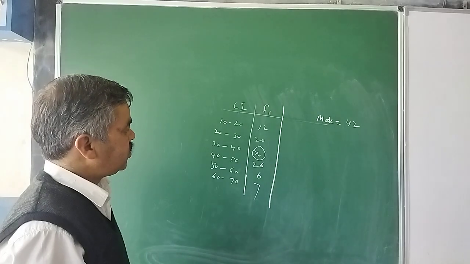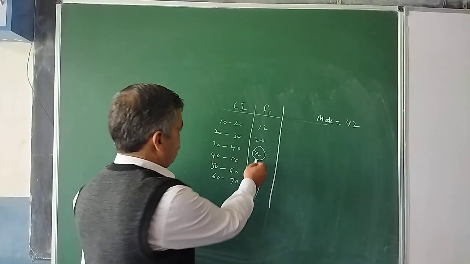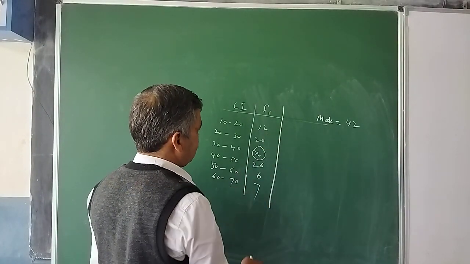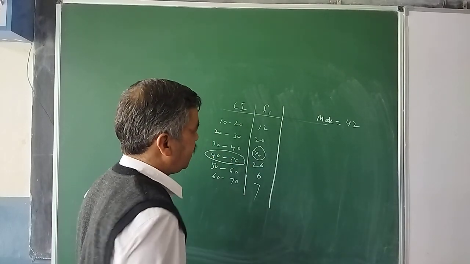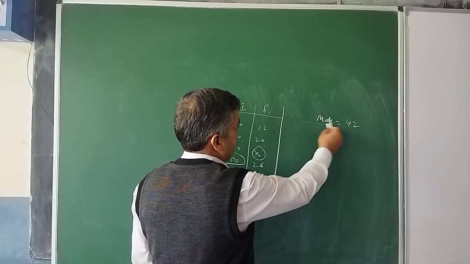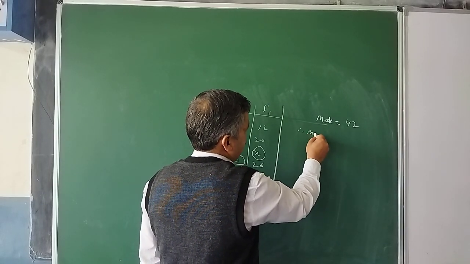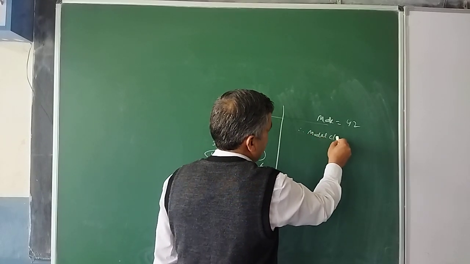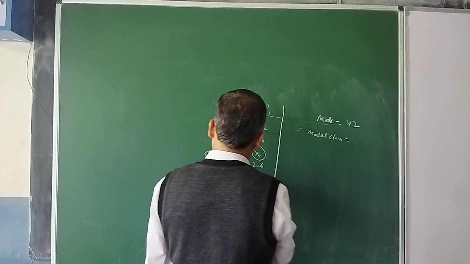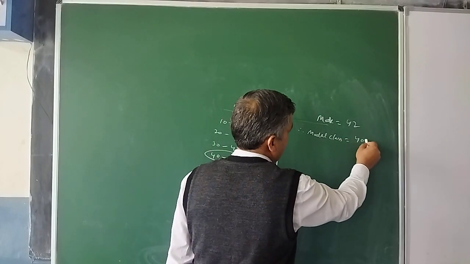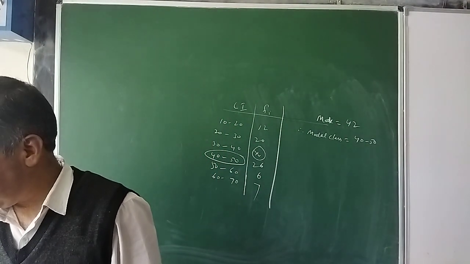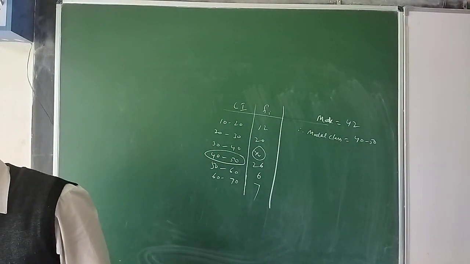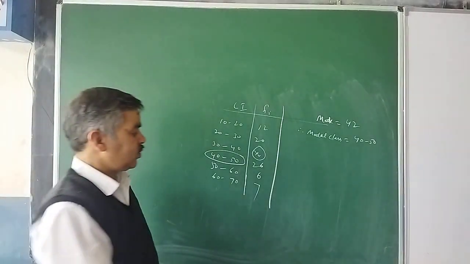If mode is 42, I have to see the model class. 42 is lying in 40 to 50, so the model class will be 40 to 50.